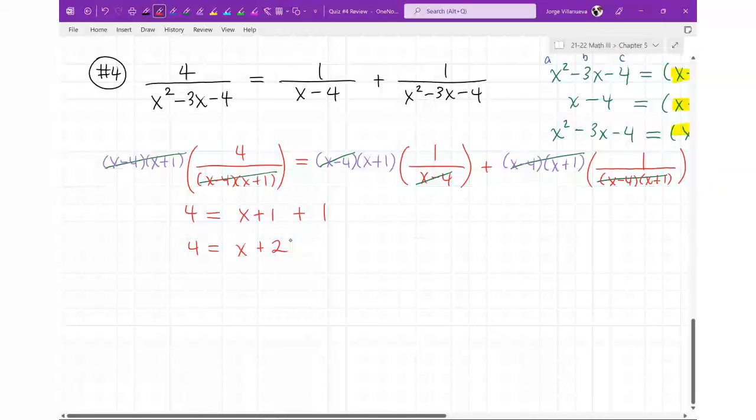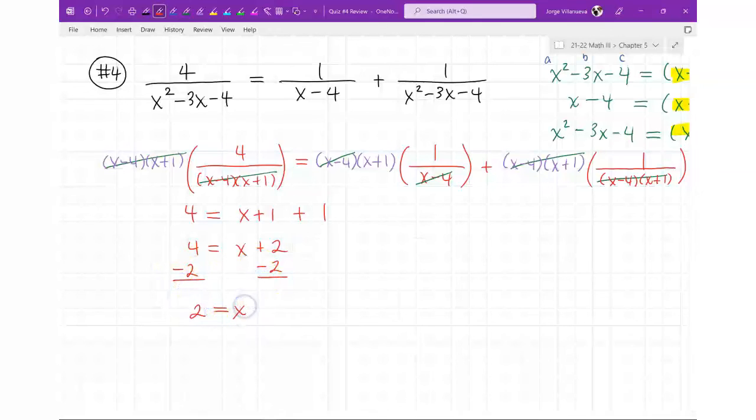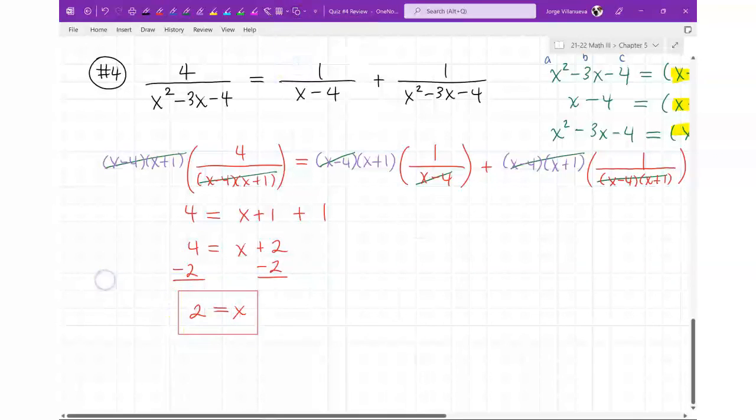And then just subtract your 2 and you're done. So minus 2. 2 is equal to x. All right, so that's our solution for that one.